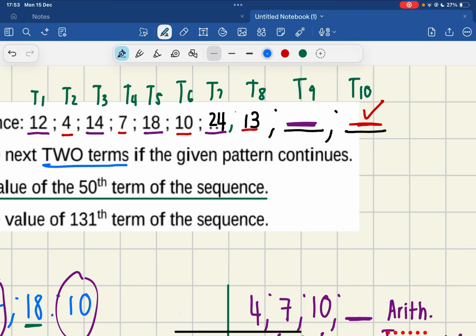No, because 50 is the position in the original sequence, not the position in the sequence we found. In every row of 10, there are 5 arithmetic and 5 quadratic.